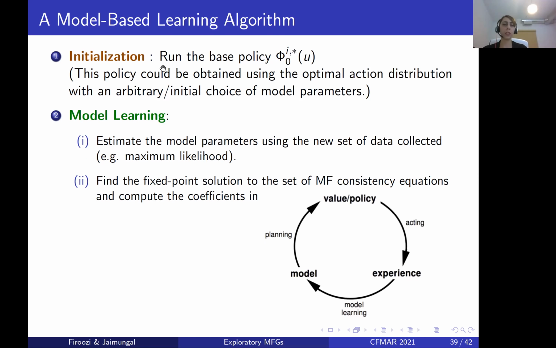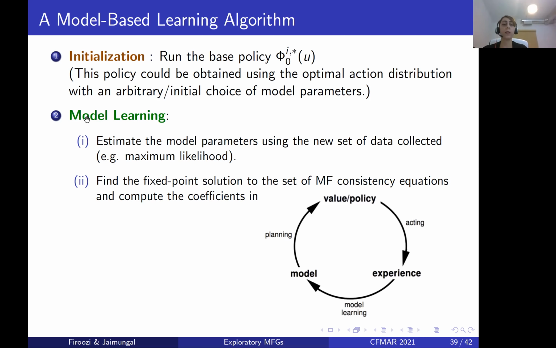In the initialization, we run the base policy, which is the action distribution that we obtain. Since we are just at the first step, the parameters are chosen randomly or arbitrarily. Then we run this base policy, sample actions with respect to this policy, execute them, and we have a set of data with respect to which we can estimate the model parameters. For example, we can use a maximum likelihood algorithm, and then we solve the fixed point solution to the set of mean field consistency equations.